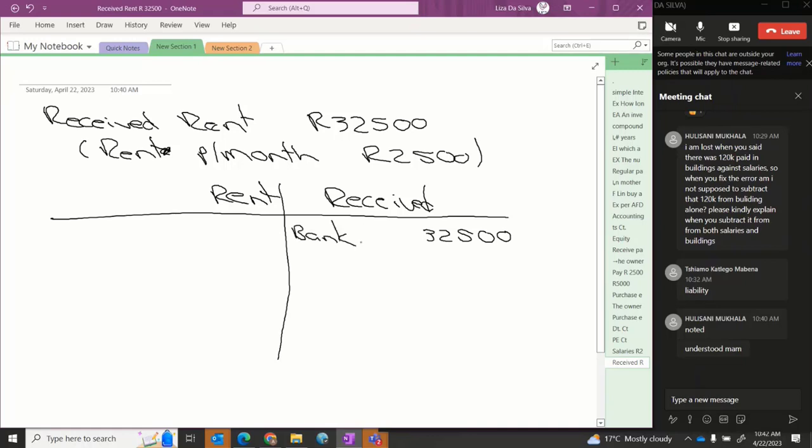Is that how much you should have received for a year? Or let's put it the other way. How much were you supposed to receive for a year renting this property?